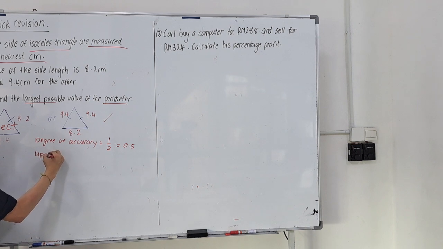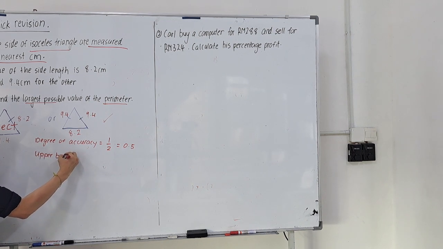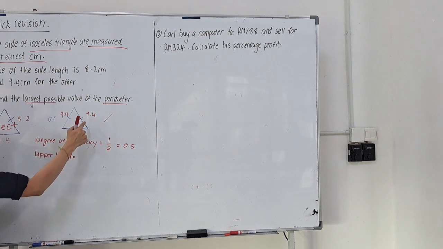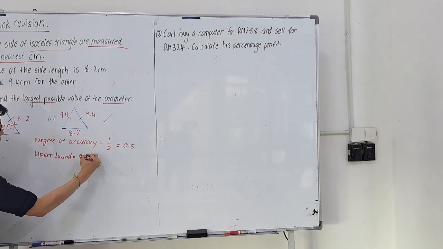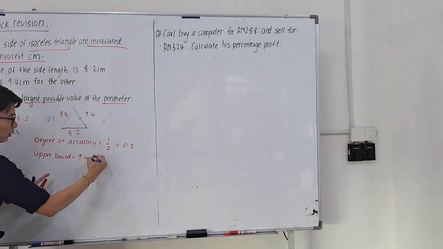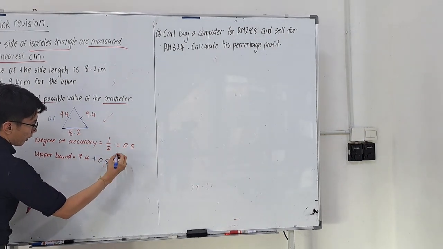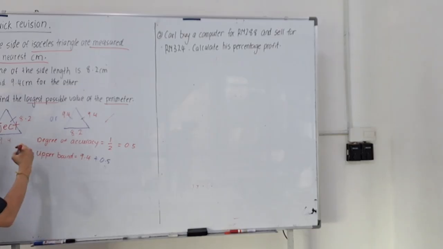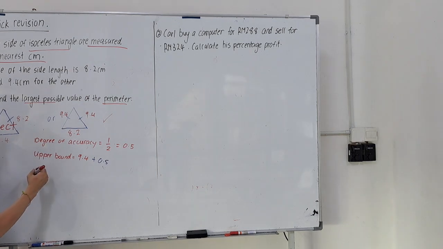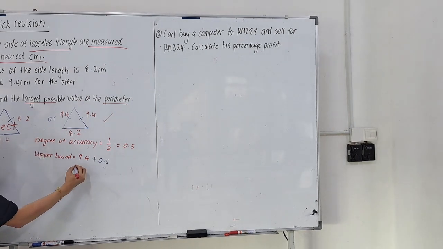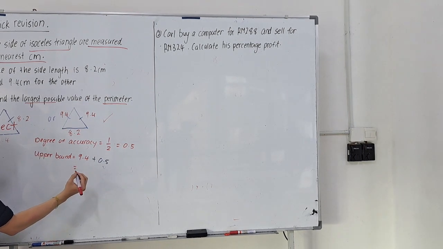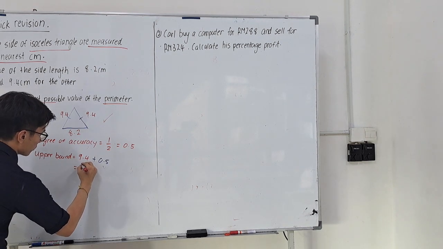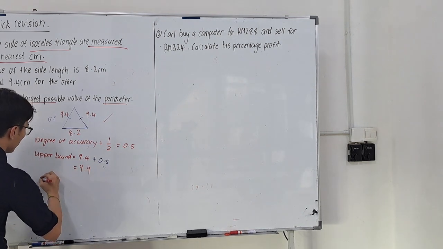So all I need to do now is to find the upper bound of the respective lengths. For this length, that's going to be 9.4 plus 0.5, which gives me 9.9.